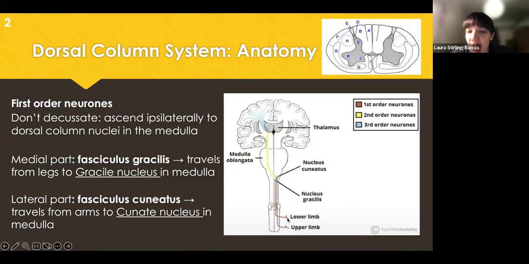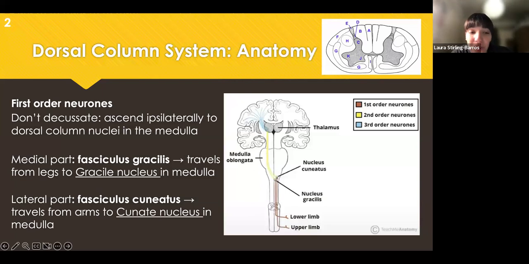And the main thing to remember is that the first order neurons travel from the legs and from the arms through different parts of the dorsal column. So the legs go through the fasciculus gracilis and then meet the gracilis nucleus in the medulla.